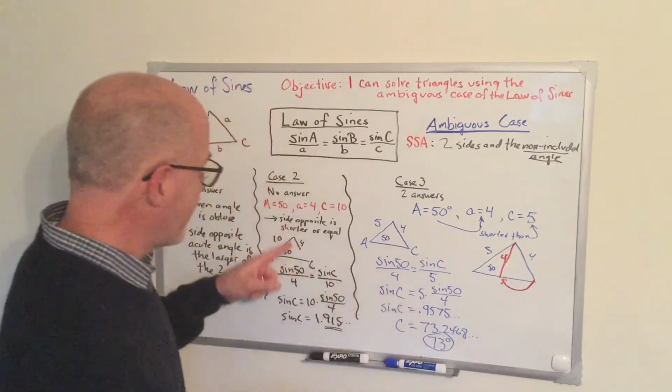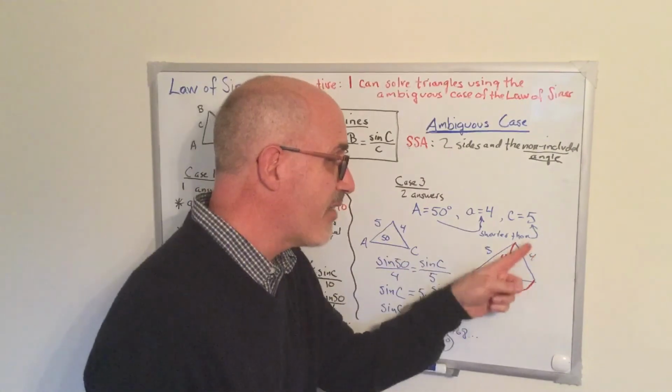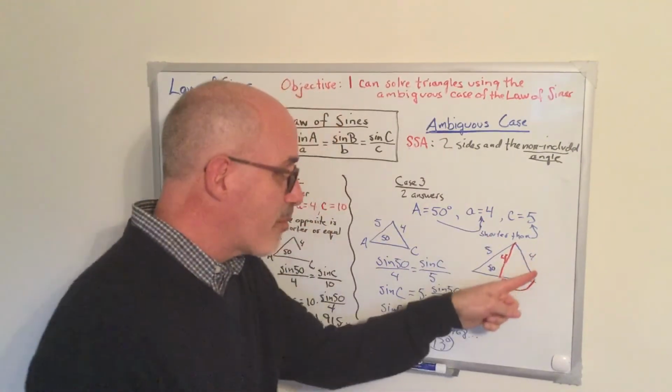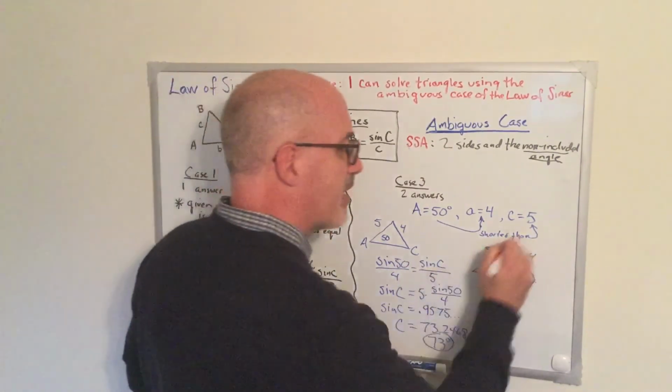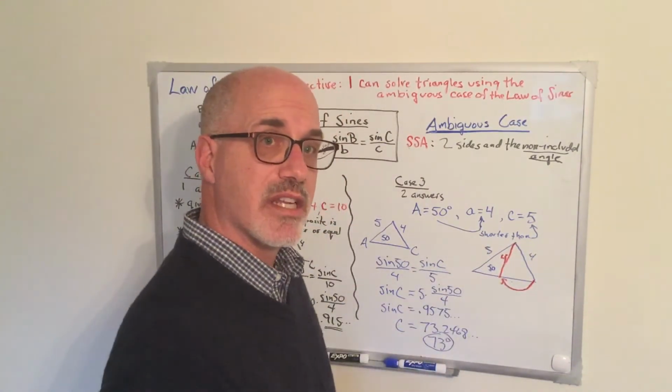And it fits. This one wasn't long enough to hit when that was a 10, but here when it's a 5, it can not only hit on this side, but it can swing over, and this side being 5, this angle being 50, that side 4 is a possibility also.